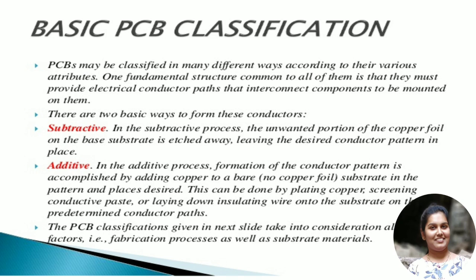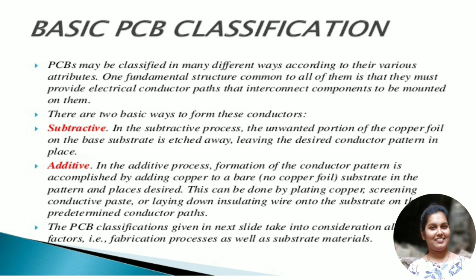On the PCB we keep only the conducting paths that are useful for designing the circuit, and the remaining copper layer or wiring which is unwanted for that particular circuit is removed. That kind of conducting path is known as the subtractive type.